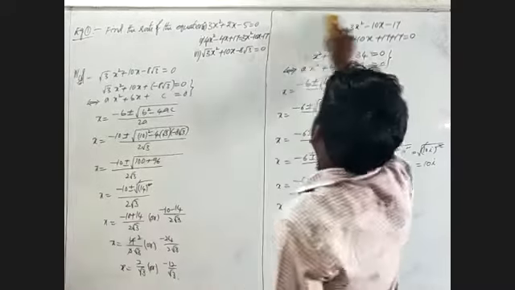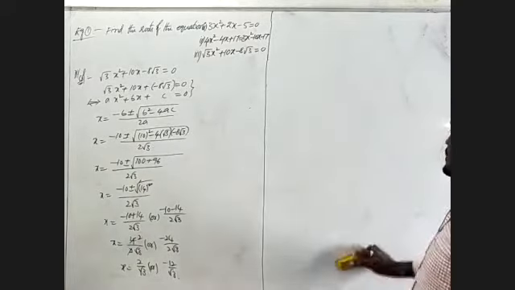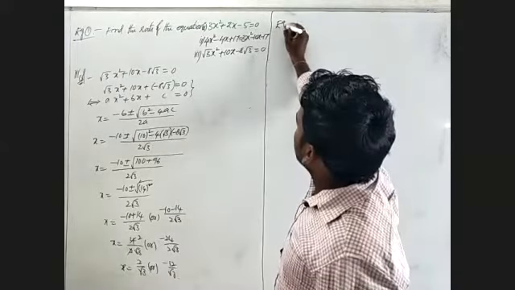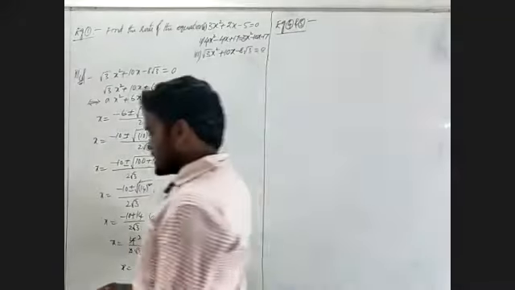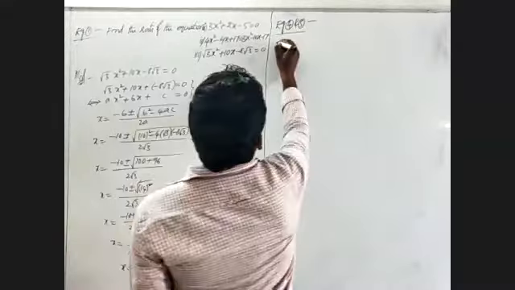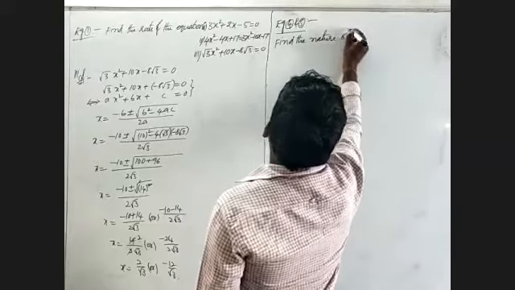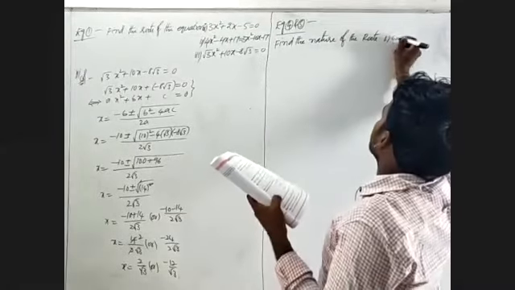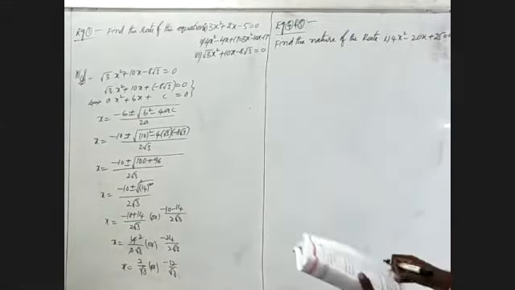Now I am going to example 4 and example 5. What I am asking in example 4 and example 5: find the nature of the roots of the first one, 4x² - 20x + 25 = 0.